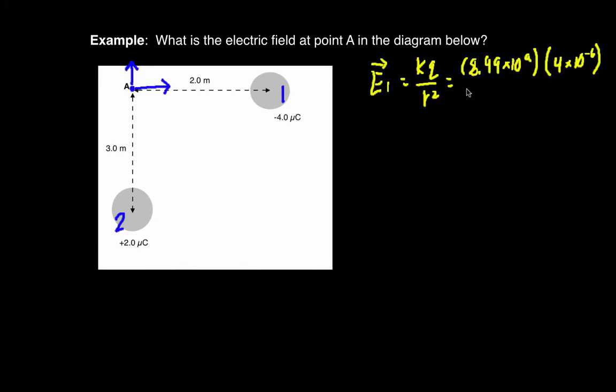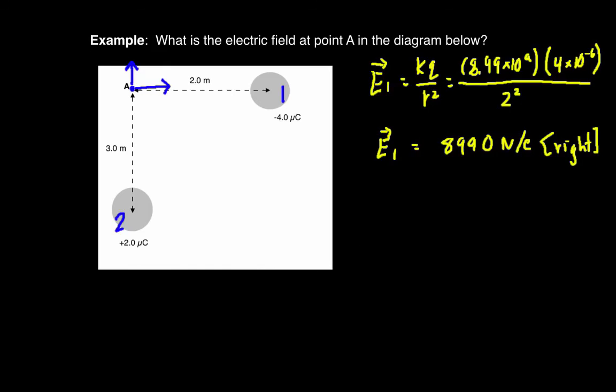Again, I didn't put the negative sign in because I didn't want to confuse the calculations, because direction is determined by us after the fact. The distance is 2 meters, so it's divided by 2 squared, which gives us E1 equals 8990 newtons per coulomb. And we've already determined the direction to be towards this negative 4 microcoulomb charge, which means it's to the right.